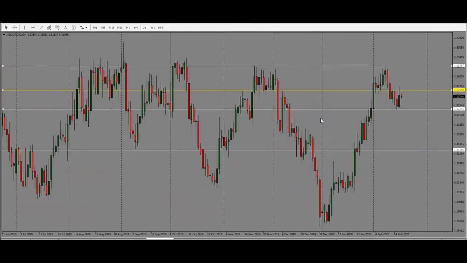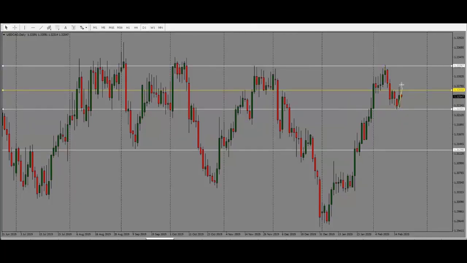Dollar CAD here, we saw price bounce off of this level. It is into resistance at this point, so bias is bullish here. But the concern with this one, I would be cautious with this one, because it could just be a pullback for a further drop. So that's something that we need to be cautious about.